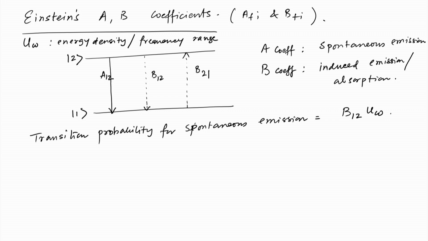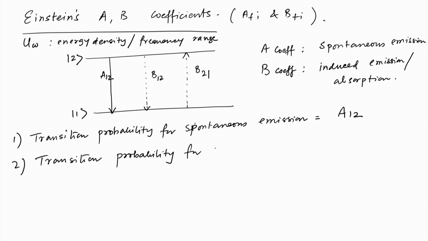So, the transition probability for spontaneous emission is this. I am sorry, this is not for spontaneous emission. Spontaneous emission does not depend upon the energy density, it is simply equal to A12. Now, number 2 is the transition probability for induced emission.